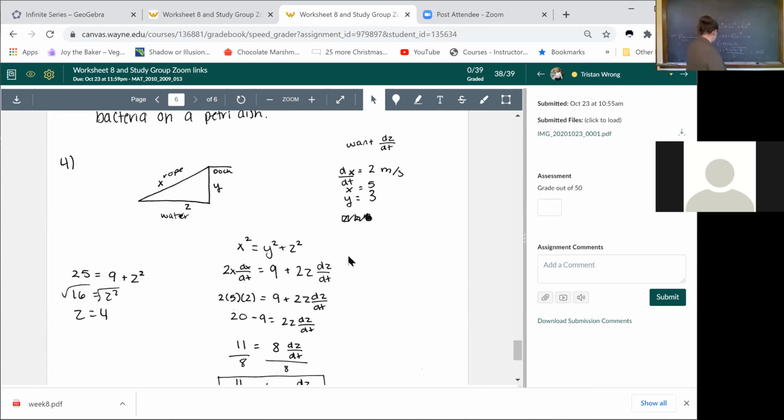It's almost like if you put in a 3 first and then take the derivative, that works too. So you have x squared equals y squared plus z squared. Let me stop share here. So you have this, and now y is the dock.